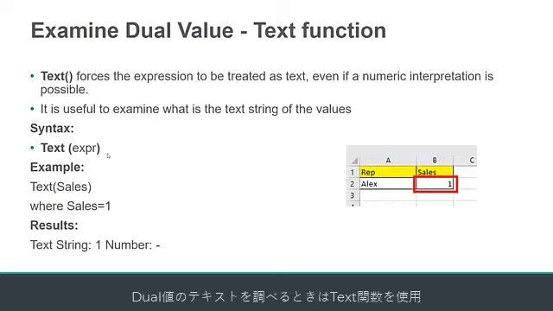For example, when you want to examine the text string of sales, we simply use text bracket sales. Then when sales is 1, the result will be a dual value whose text string is 1 and the number is null.